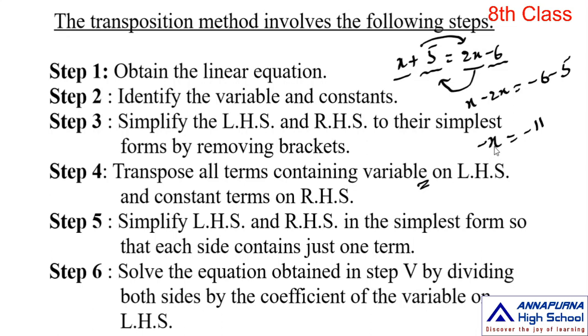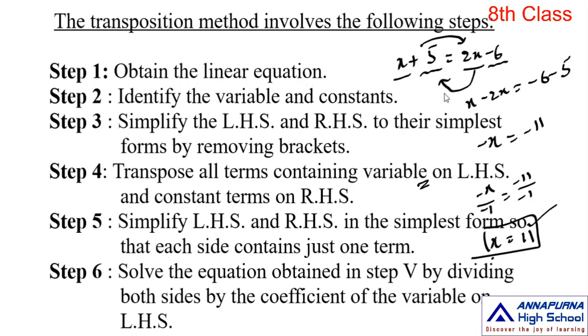Here the variable is x; there is no written coefficient but there is a sign, which means minus 1 is the coefficient of this x. Now divide both sides by minus 1, so minus x by minus 1 is equal to minus 11 by minus 1. Negative by negative is positive, so x is equal to 11 by 1, which is 11. So x is equal to 11.